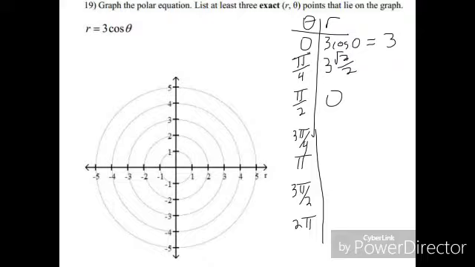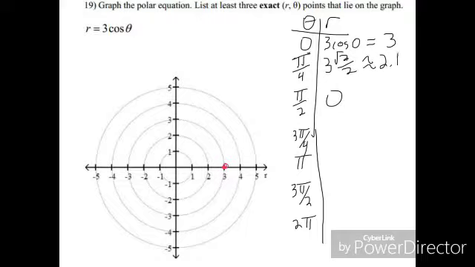So in the 0 direction, so out in this direction, we're out 3. So we go to 3 right there, and that will be our point. In the pi fourths direction, we're out 3 square root of 2 over 2. I'm going to approximate this with my calculator, and I get 2.12. So this is approximately 2.1.